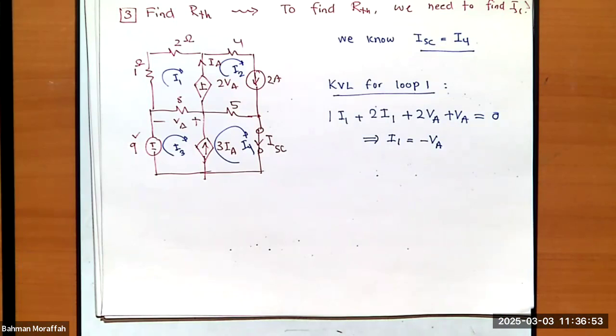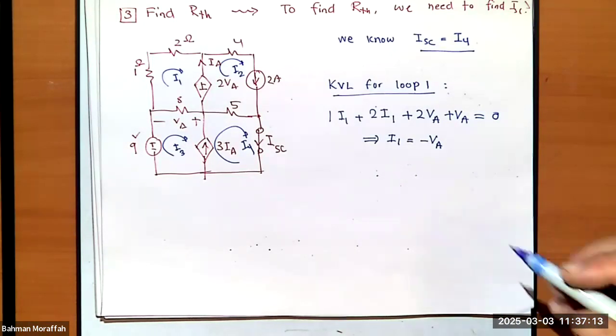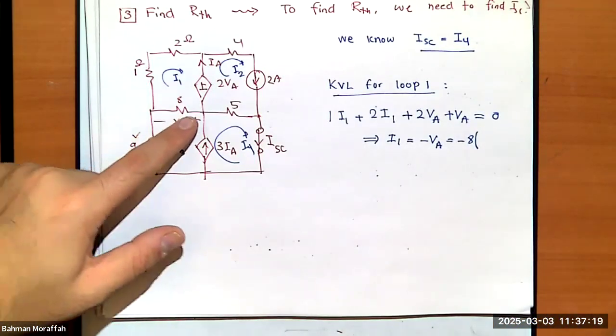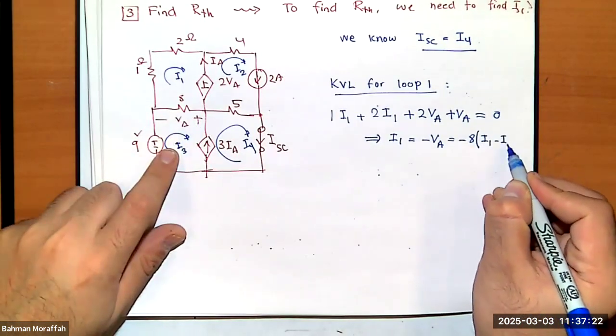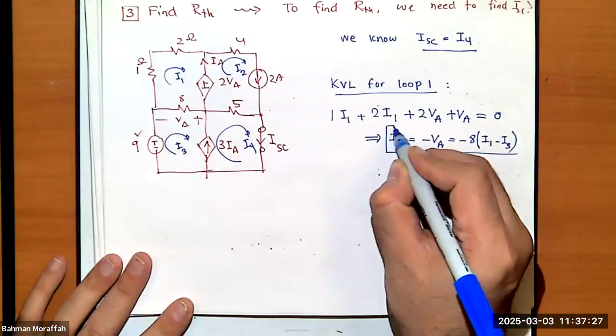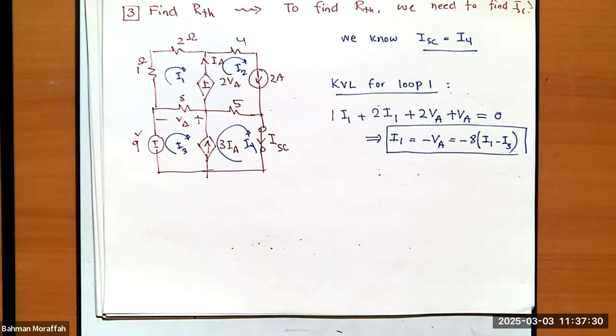So I got to write it in terms of the variables I care about, I1, I2, I3, and I4. What is VA though? VA is voltage across that 8 ohms resistance, right? Therefore, I have Ohm's law, right? What is VA? It is the value of the resistance, 8, times current through it, which is I1 minus I3, right? Now I have one equation that is written in terms of I1, I2, and I3, right? So we're good.